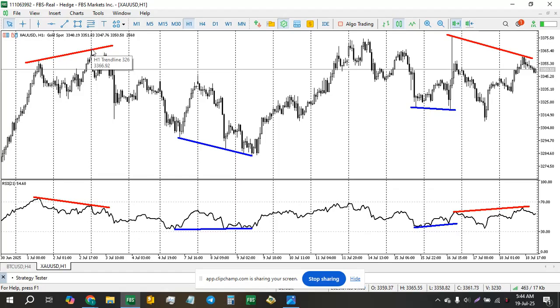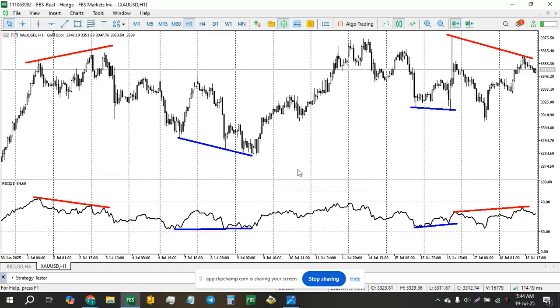The regular divergence here is the termination of the B wave of a corrective formation. You can see this is A, B, and the C wave corrects downward.